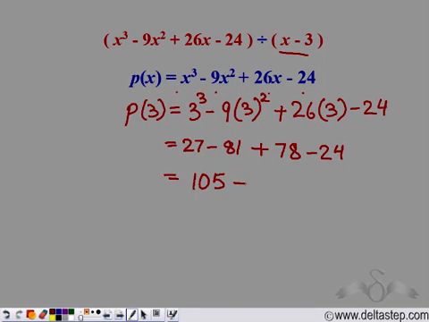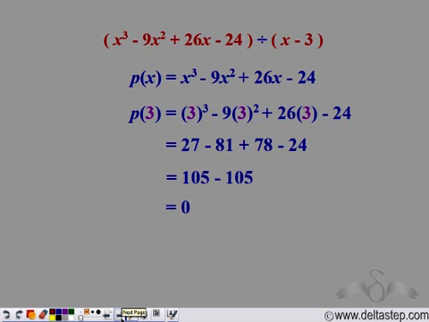Negative 81 and negative 24 gives us negative 105. So we get 0. So p(3) is equal to 0, or we can say that the remainder of this division is equal to 0. So the remainder when this polynomial is divided by x minus 3 is 0.